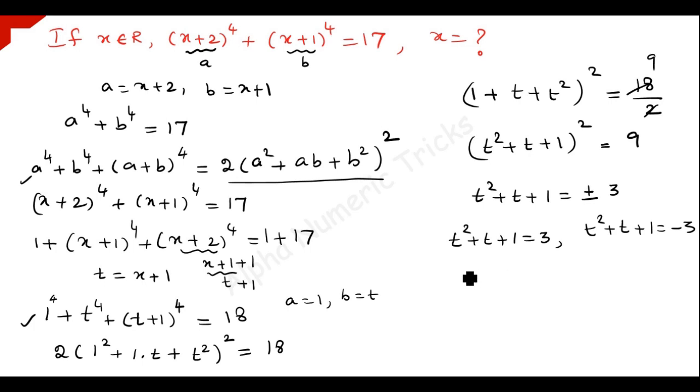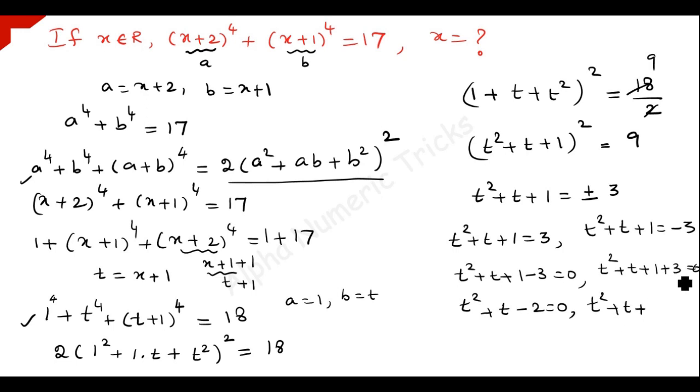From this you have t^2 + t + 1 - 3 is equal to 0, and from this you have t^2 + t + 1 + 3 is equal to 0. So here we have t^2 + t, 1 minus 3 is minus 2, is equal to 0, and another one is t^2 + t + 4 is equal to 0.